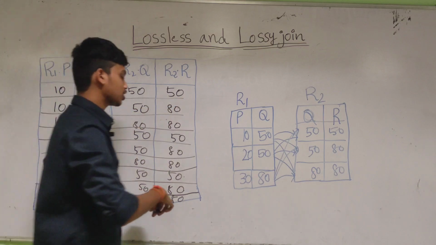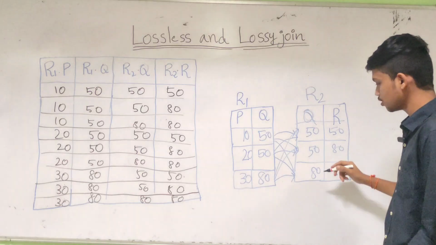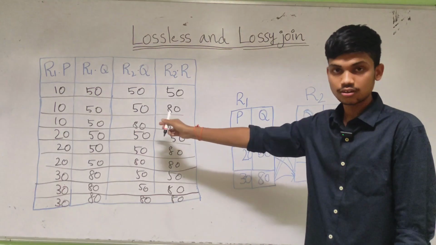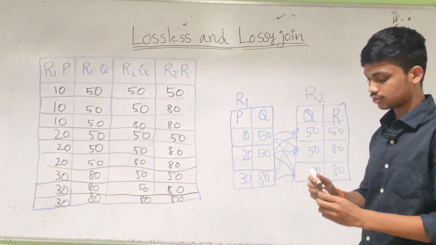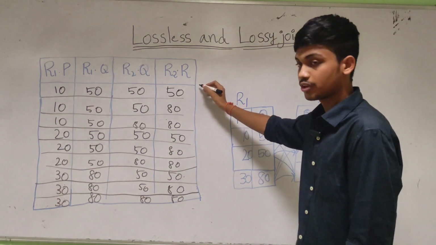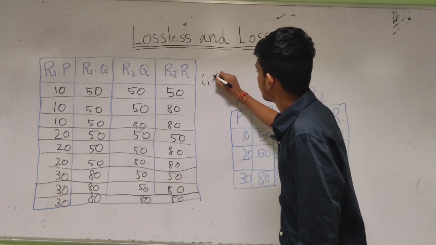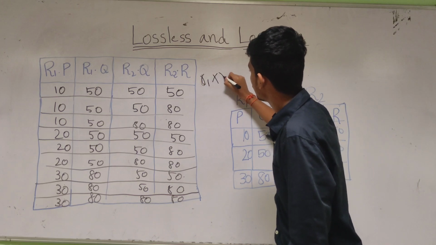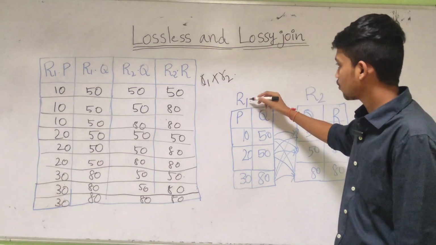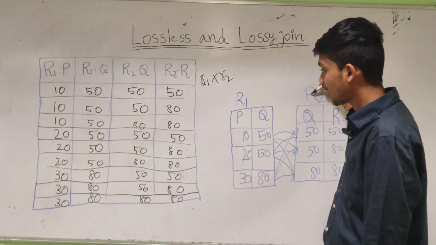We can say the cross product has, this has 3 rows now, this has 3 rows now. So the 3 rows into 3 rows will be the number of rows in the cross product. The number of rows in cross product will be R1 into R2, where R1 is the number of rows in R1 and R2 is the number of rows in R2, like that.